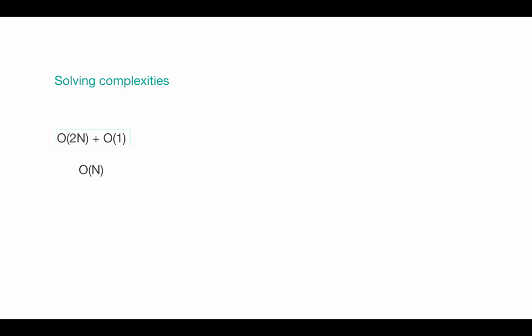Similarly, if you have complexity like O(n square) plus O(n), then you can eliminate the O(n) here, because at larger values of n, O(n) will be nothing as compared to O(n square). And in equations like this, where we have O(n raised to power 4) plus O(n square) plus O(log n), this can be written as O(n raised to power 4 plus n square plus log n).